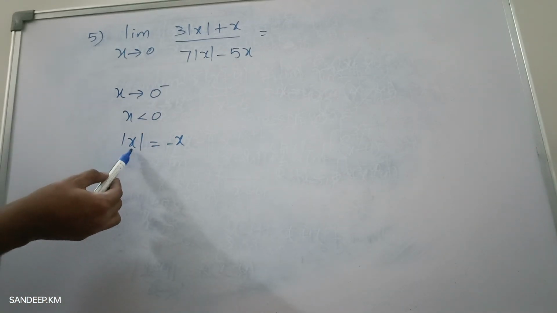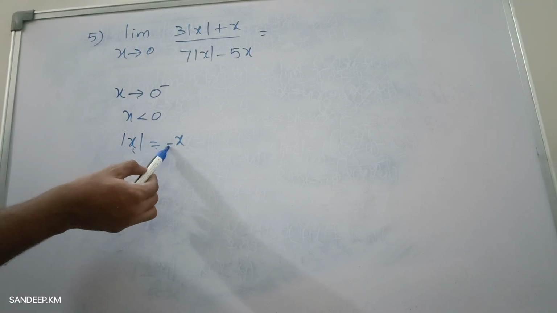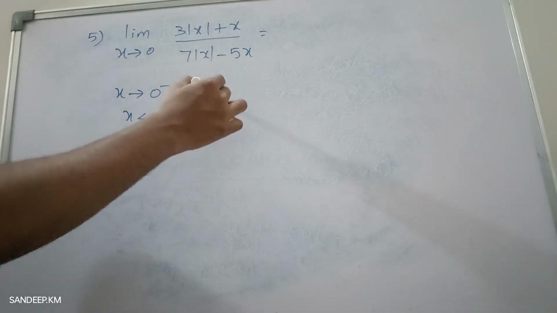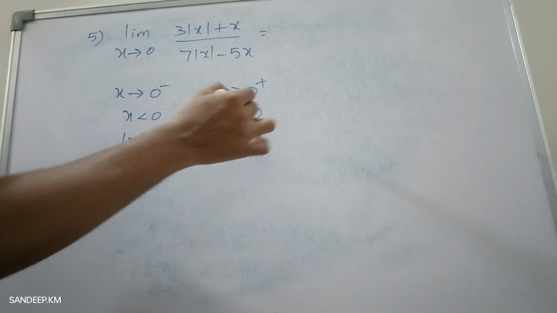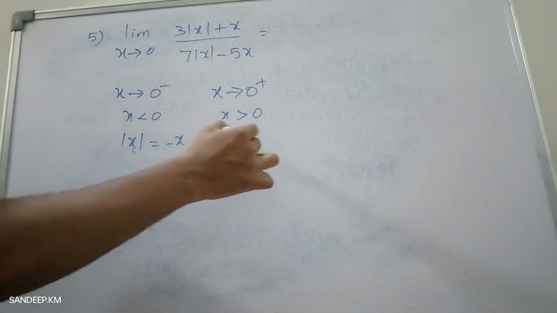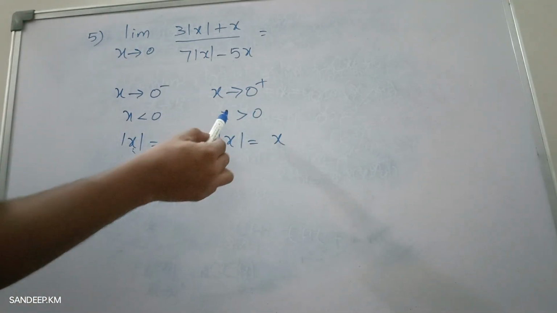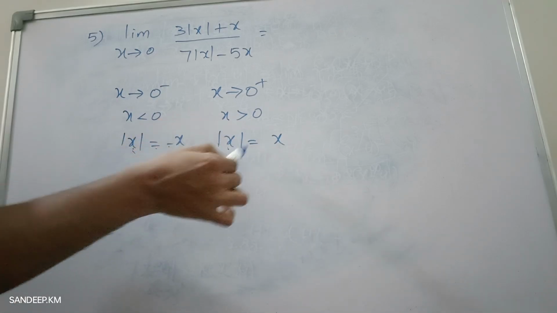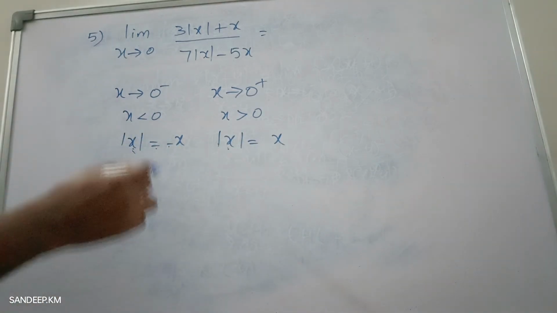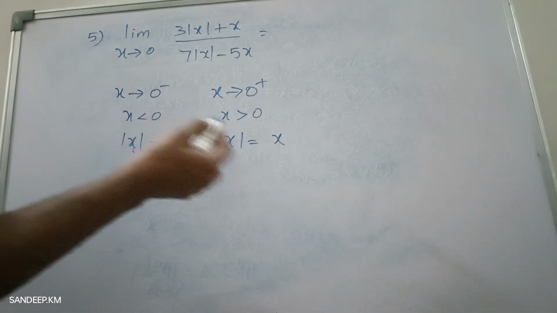Inside the modulus, whatever is there, if it is negative, when I remove the modulus, I have to keep a minus sign. Similarly, in RHL, when x approaches 0 plus, it means x is greater than 0, and therefore mod x will be equal to plus x. Because x is positive, inside the modulus we have a positive number. So when I remove the modulus, I'll keep a plus sign. So you can use this while solving LHL and RHL.